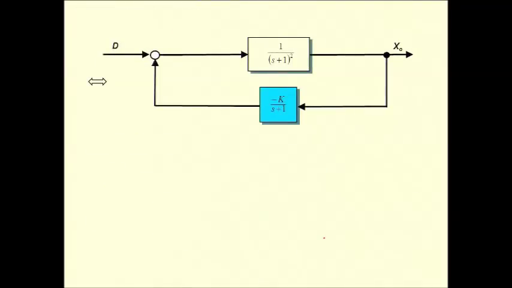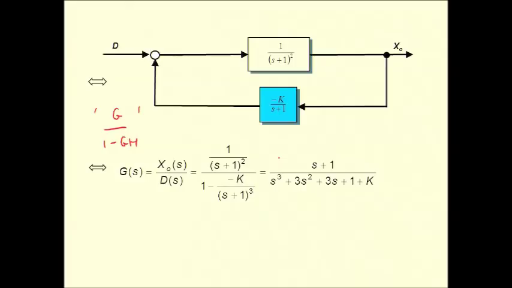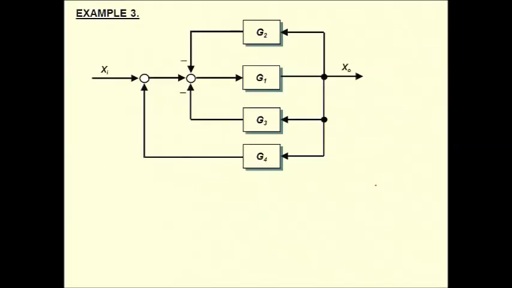And now it's in a more normal form to simplify using G over 1 plus GH, except note that that's not negative going into this summing junction, so I have to use G over 1 minus GH as my formula, between output XO and input D. So it looks like this. Questions? No? Okay, next one.